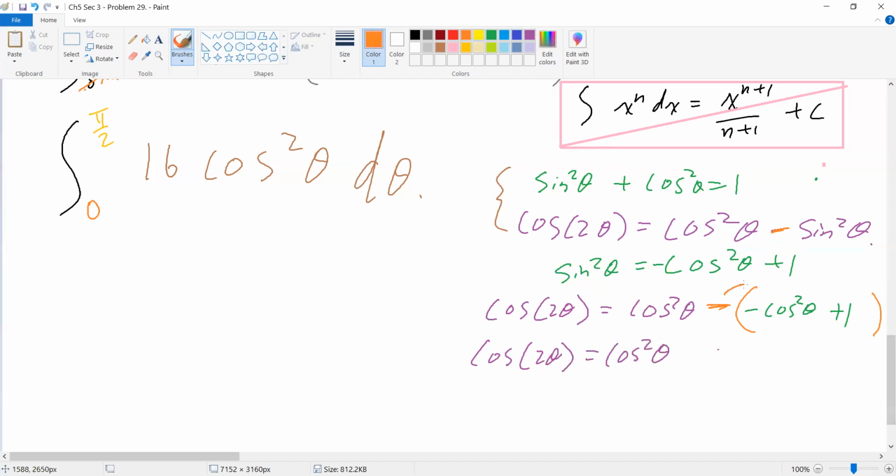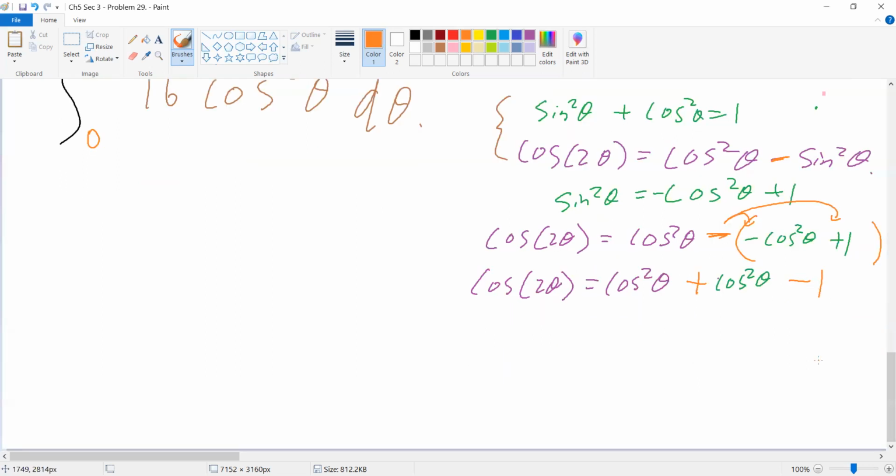Now we're distributing this negative, and being super careful, this gives us positive cosine squared of theta minus 1. Oh, this is starting to look really good, actually. So this gives us the cosine of 2 theta equals 2 cosine squared of theta minus 1.